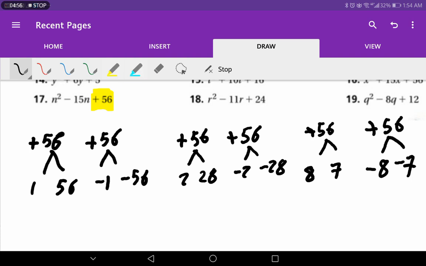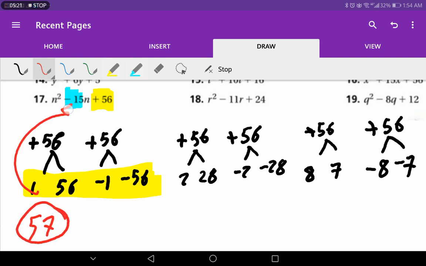Actually, before you write all of these, you have to check this one, to minimize the options here. Because this is negative 15, actually I will erase those. Why? Because if I add them, I get 57, and this is far away from negative 15.